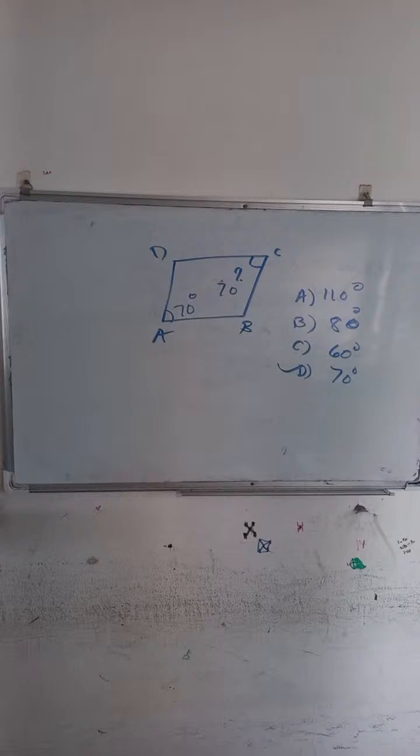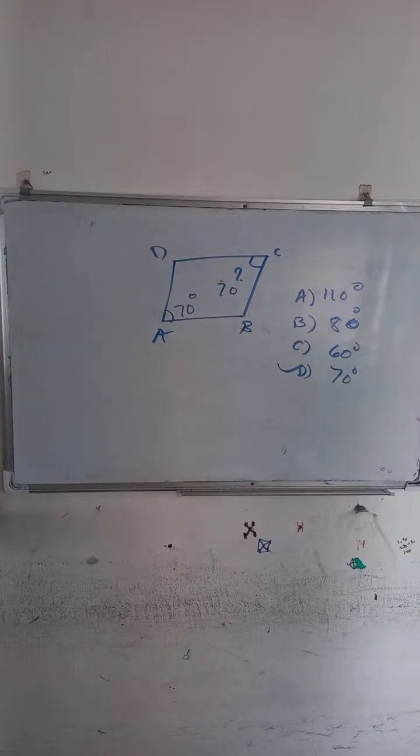The diagonals bisect at E. If DE is equal to 5 centimeters and AE is equal to 7 centimeters, then find AC.